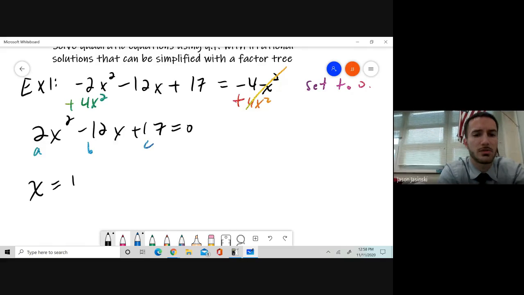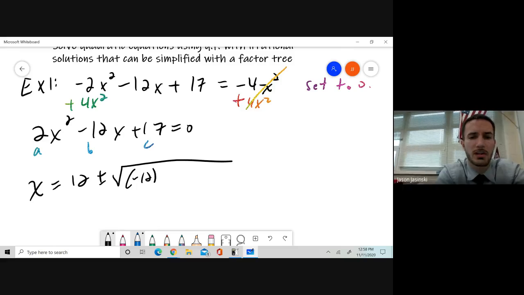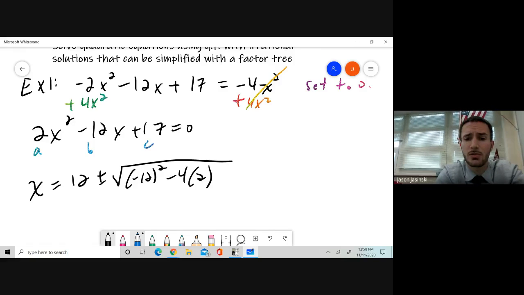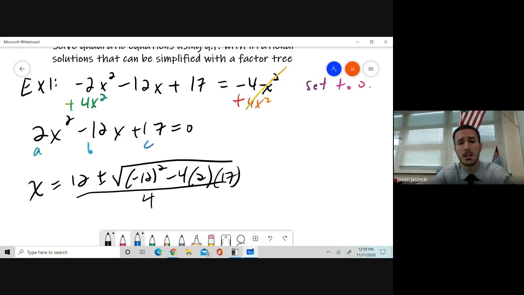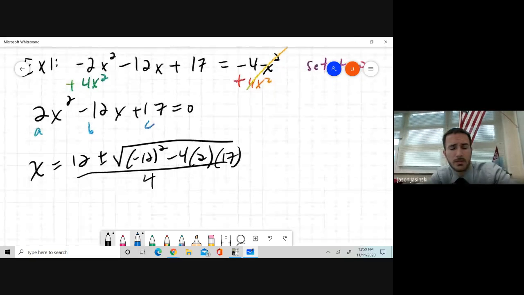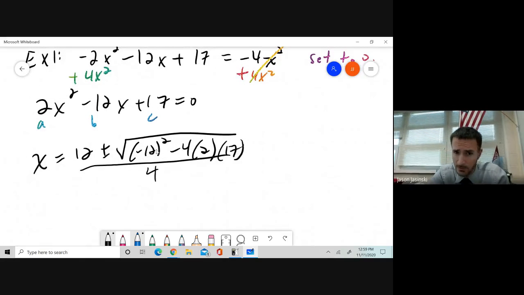So opposite B would be 12 plus or minus B squared, make sure you use parentheses, minus 4 times a, where a is 2 and c is 17, all divided by 2a, which would give you 4. All right, so you can either do some mental math. Negative 12 squared is 144, minus 8 times 17, which I believe is 136.